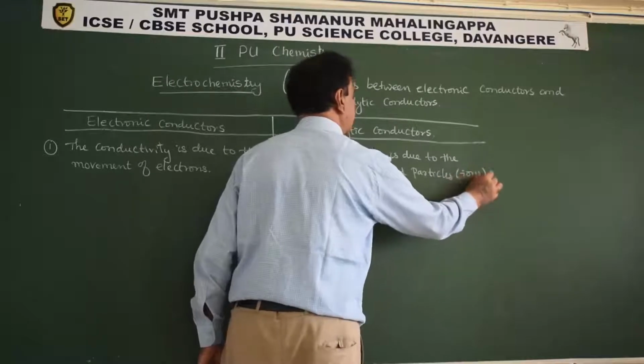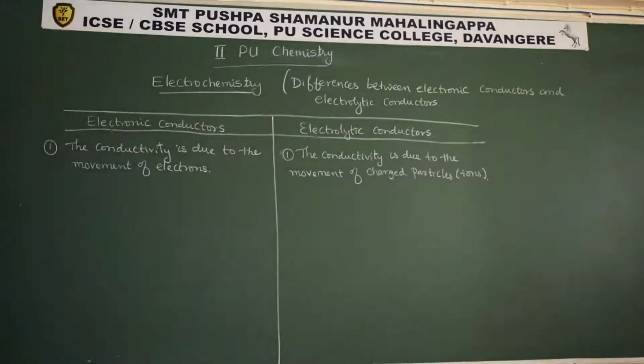Charged particles means ions. This is the first difference between the electronic conductors and electrolytic conductors.